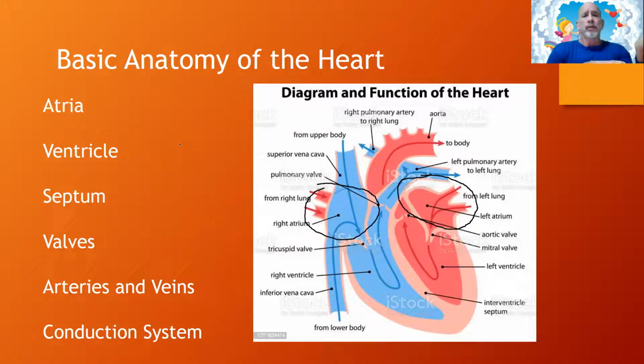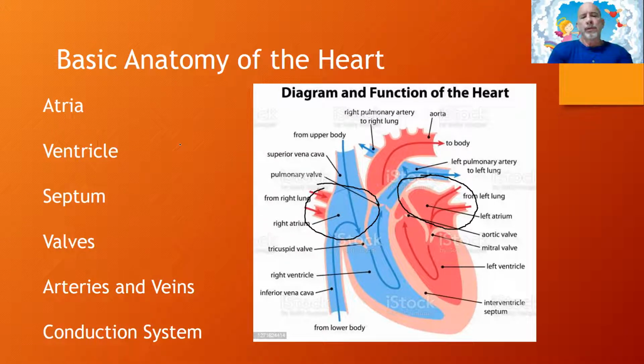Another way you can move fluid, though, is just to create a negative vacuum, which is basically what the right and left atrium do. They provide a negative environment for blood to flow into. So basically it becomes a pre-pump in the heart.